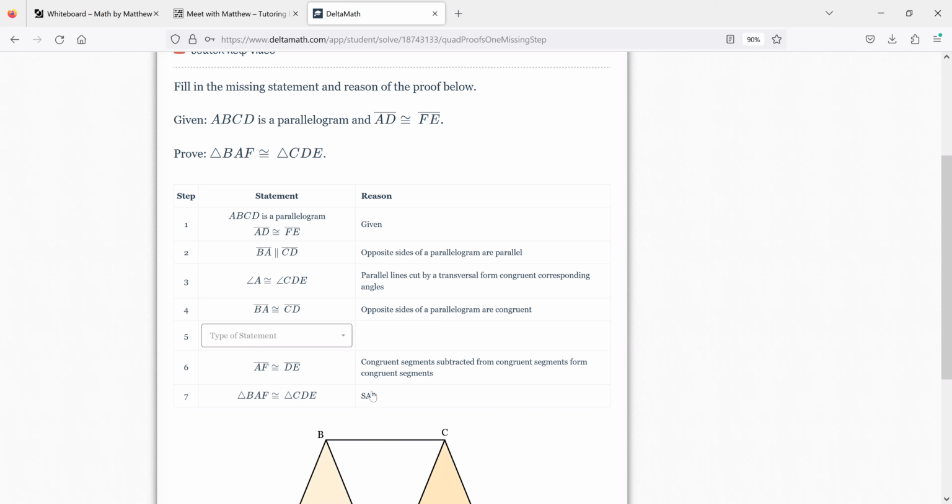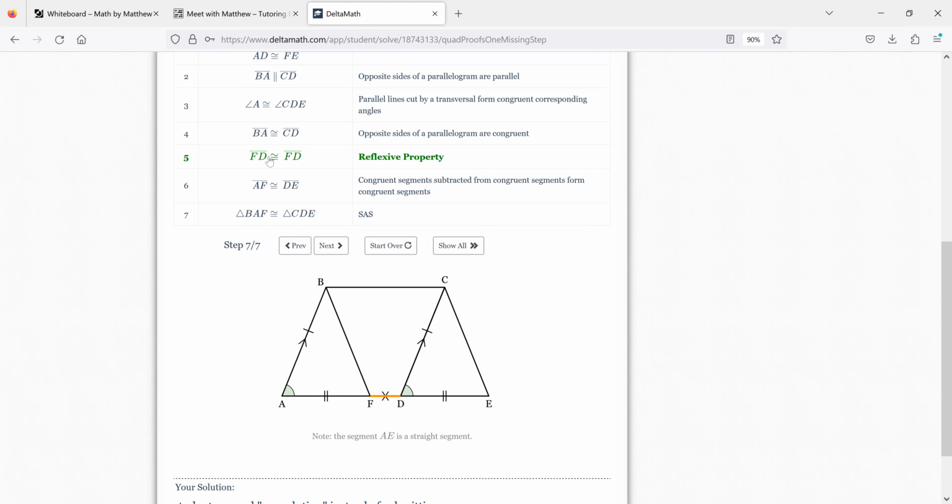Why did they want that? I'm not sure. So they're saying here that they're subtracted from congruent segments. That's why they had to say that FD is congruent to itself. That's not helpful, but we'll look at another problem here.